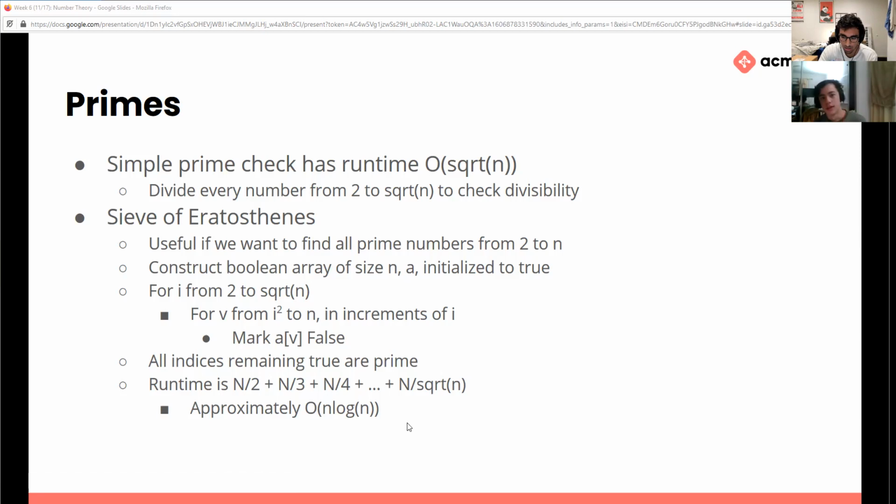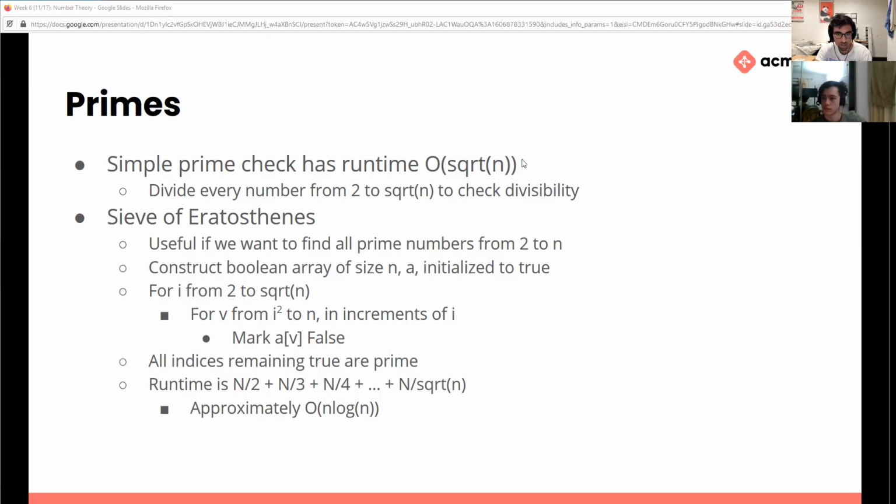Yeah. And to get that speedup, you would have to make sure that a of i is true before you start marking its multiples as false. Yeah. Does anyone else have any questions?